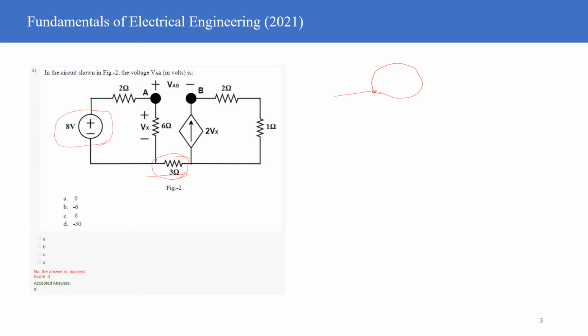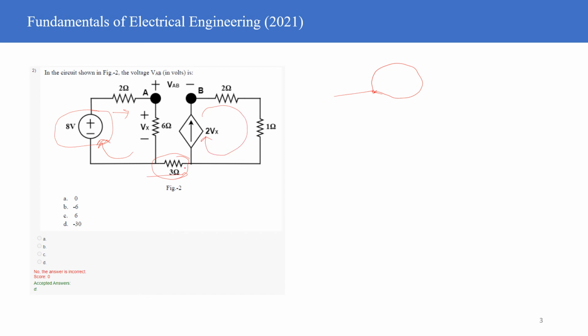So what I'm trying to say here, Hassan, is that if current starts from here, it will terminate back to the negative polarity of the voltage source, and the current originating from this current source will eventually end back in this, right?